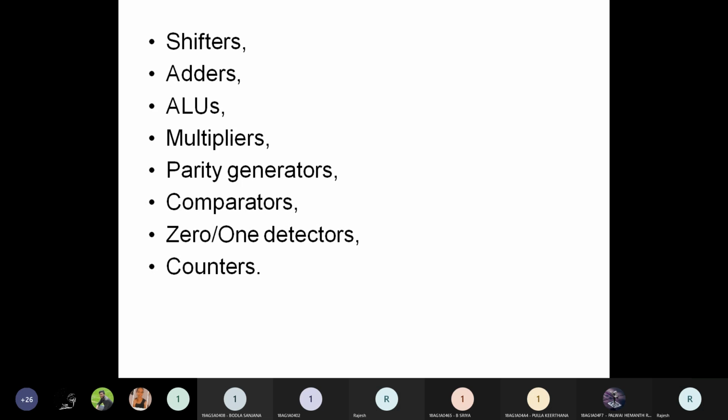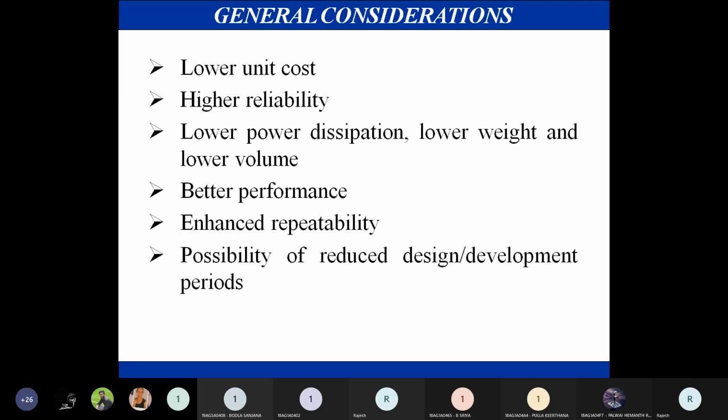So for subsystems, what are the design considerations? The general considerations we are going to cover is, one is you have to see that your IC is having lower unit cost, higher reliability, lower power dissipation, lower weight, and lower volume. So these are the same as our 5 entities for an IC designing.